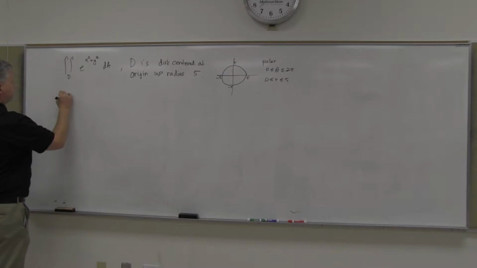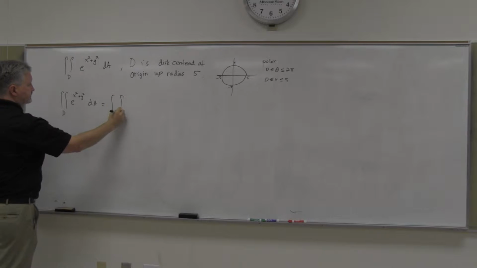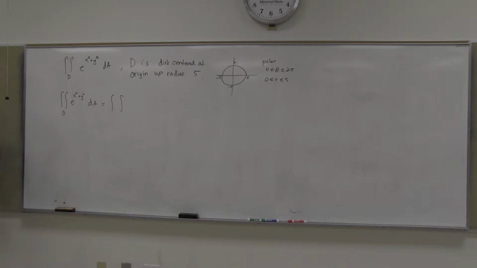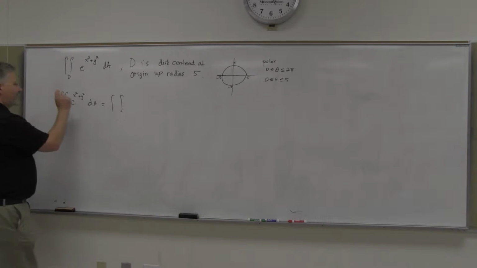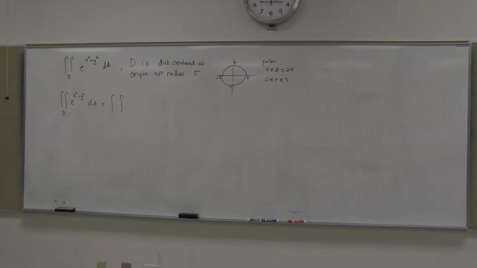So if I use polar, remember, to convert this over to polar, you can do it by substituting r cosine theta for x and r sine theta for y. However, what we noted was x squared plus y squared is directly converted to r squared.